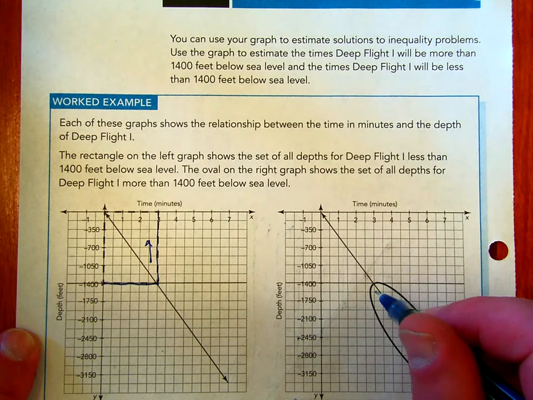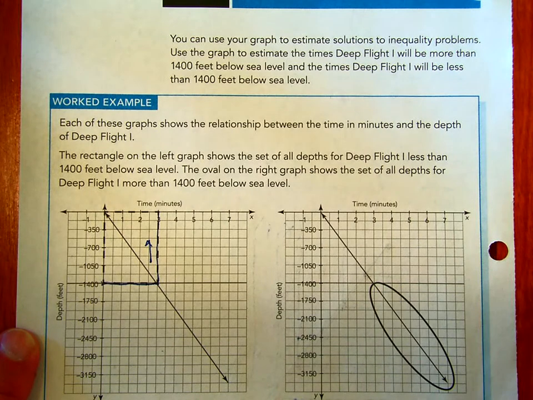It's lower than 1,400 feet below sea level. Or I could say its depth is more than 1,400 feet below. 1,500 feet, 1,600 feet, more than that below, because you're talking more of a negative. So again, be careful with the terminology. It can be confusing. Just create a mental picture of what you're looking at to be able to describe it.